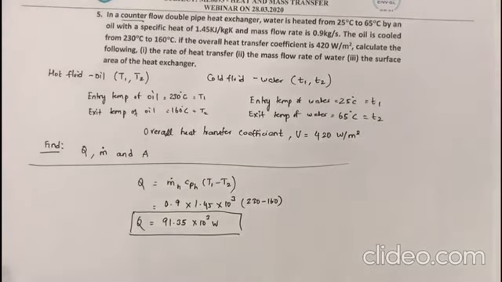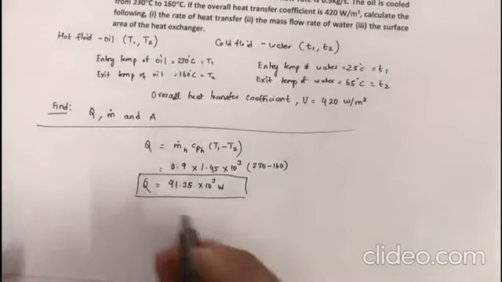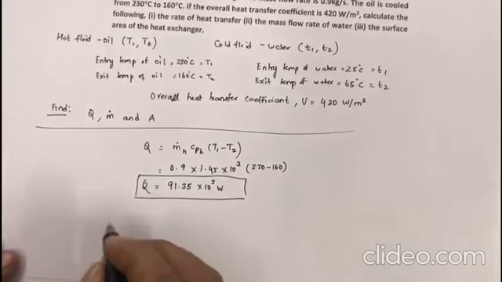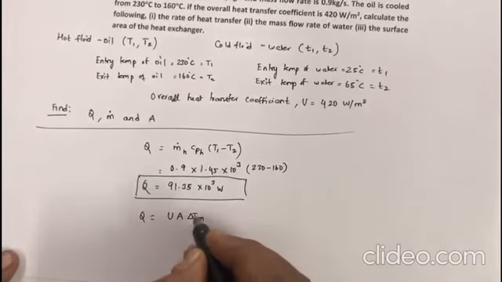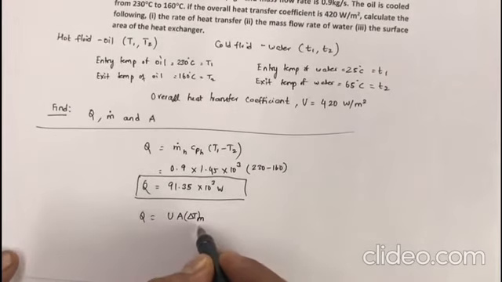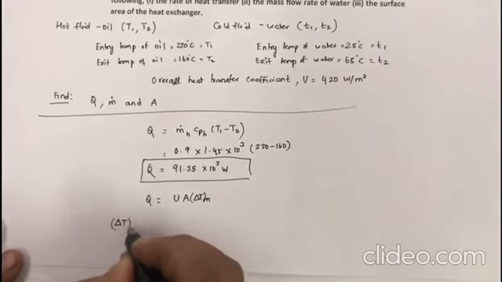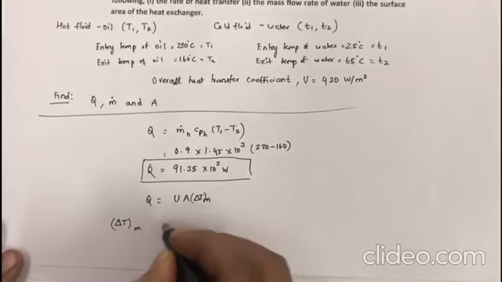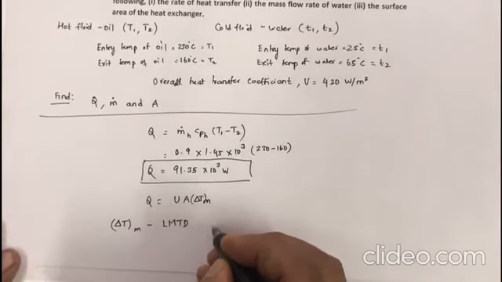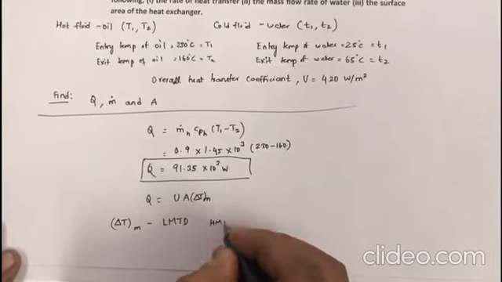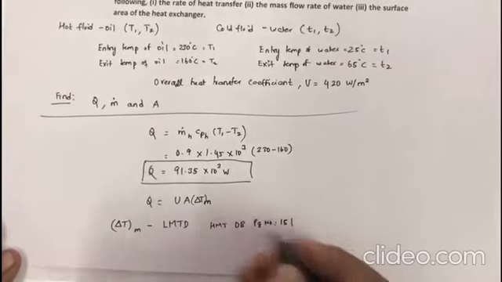So now you have this formula Q is equal to UA delta Tm, which we have discussed in the class about this logarithmic mean temperature difference. So the relation for this delta Tm, which is called in other words LMTD, can be obtained from the HMT data book, page number 151.